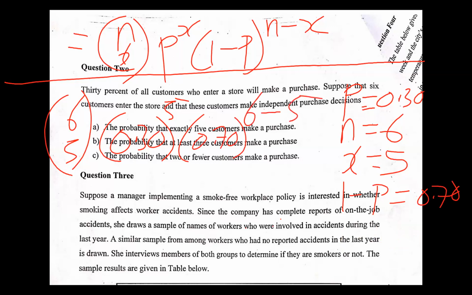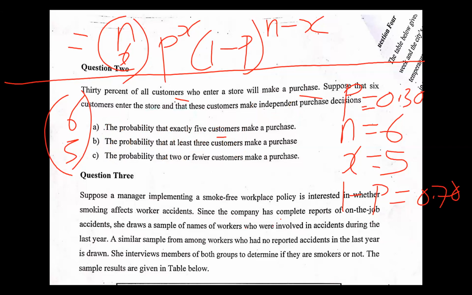Is that clear now? Can you go back a bit? Okay. Are you fine on how we identify the P, the N, and the X? Yes. Okay. So we just compute into our formula. What we are doing is to substitute into this formula.